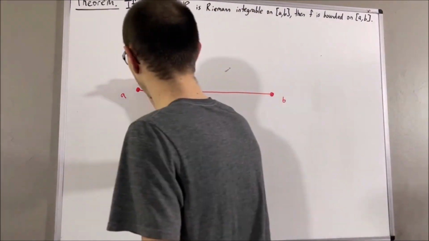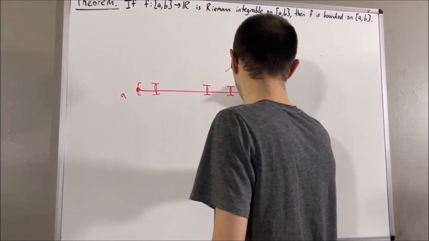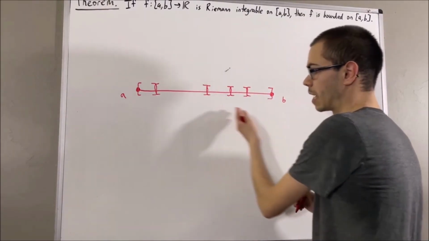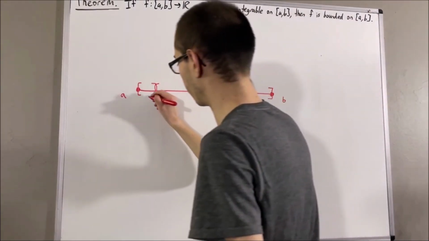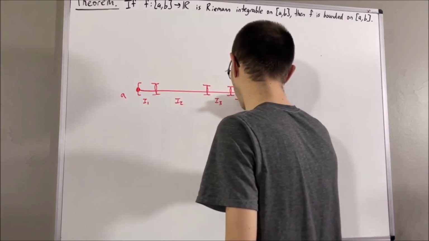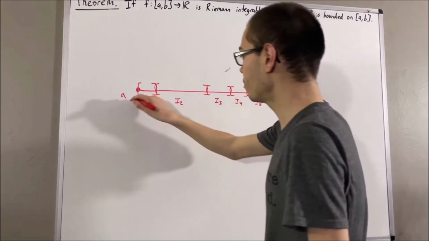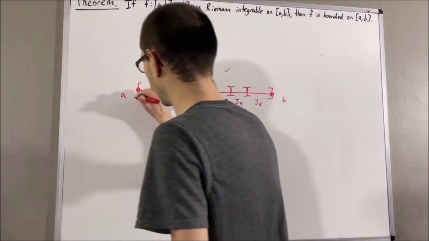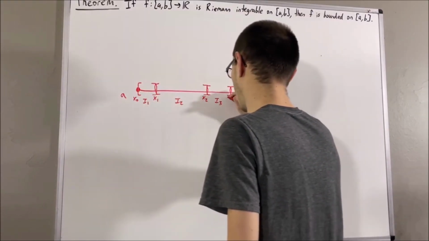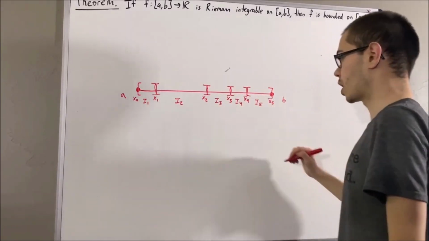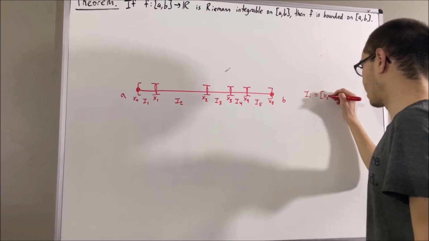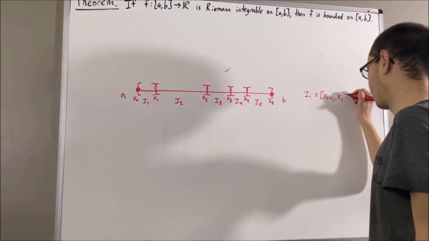For example, this collection of closed intervals would be a partition of [a, b], and we might label these intervals I1, I2, and so on, and we might label the endpoints of these intervals x0, x1, x2, and so on. So in general, a subinterval Ii would be labeled [xi-1, xi].